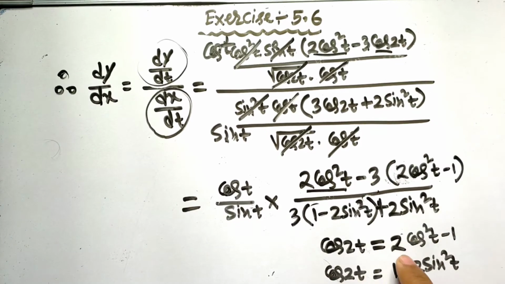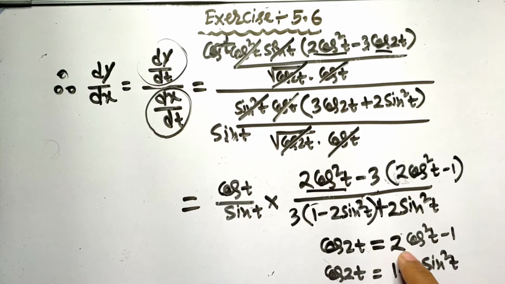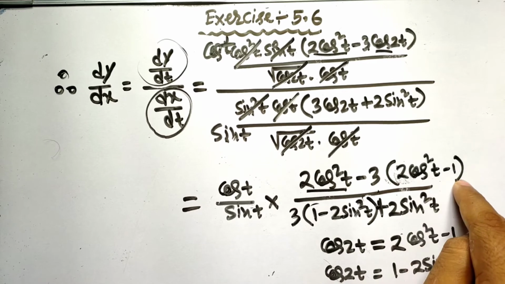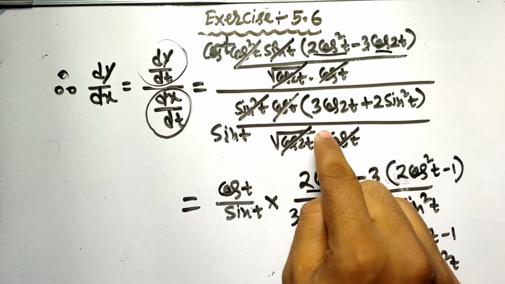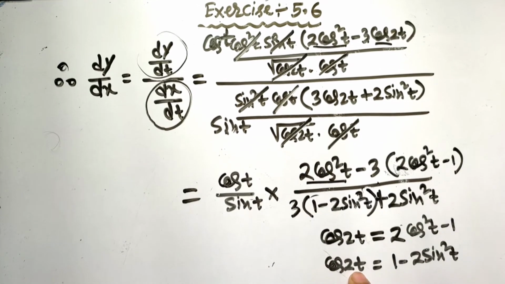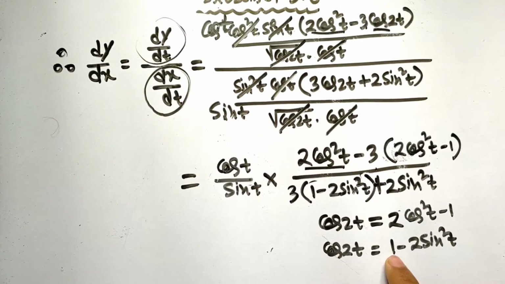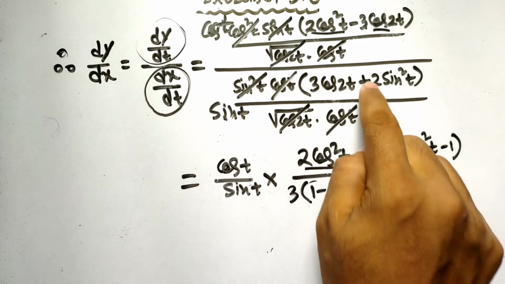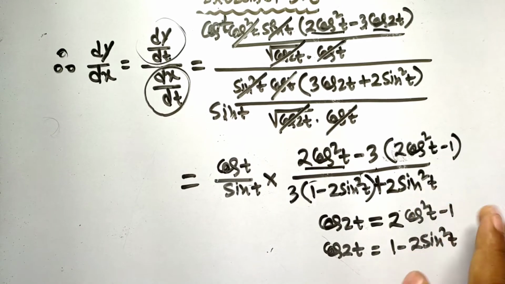The cos 2t formula we know in terms of cos is 2 cos square t minus 1. So if you use this formula here, you can write 2 cos square t minus 1 divided by 3 cos 2t again, the cos 2t formula in terms of sin is 1 minus 2 sin square t. So you can use here plus 2 sin square t remain as it is.